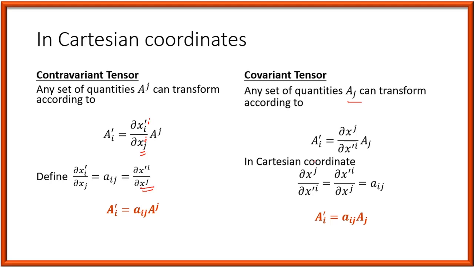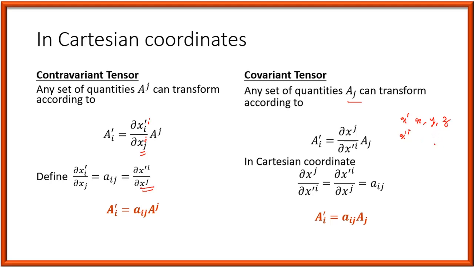Now, if the coordinate system is Cartesian, all the xi represent x, y and z components, and also if you are talking about some xi dash, it will be some combination of these x, y and z axes.